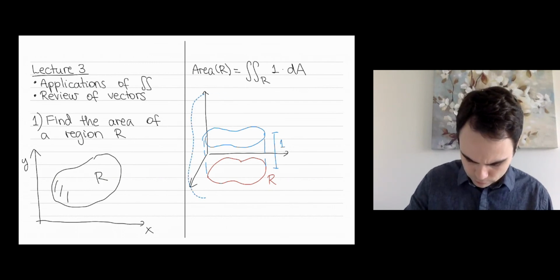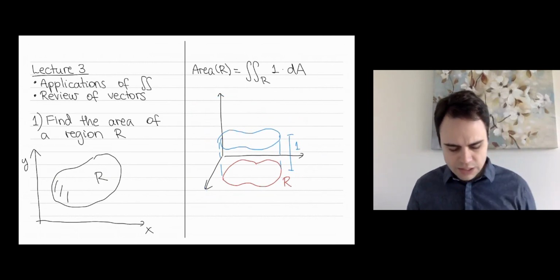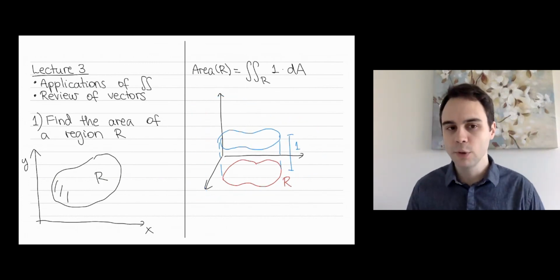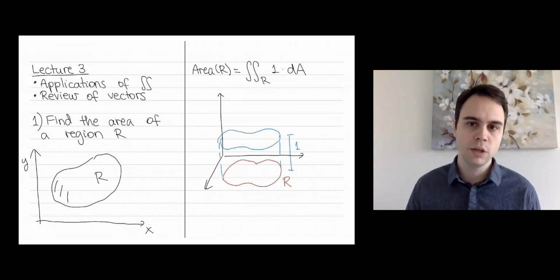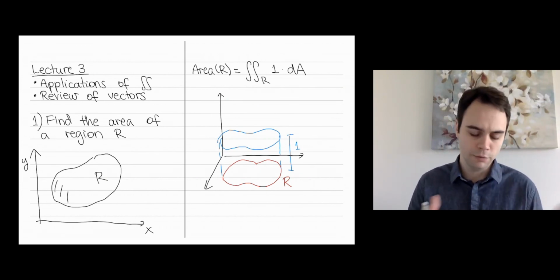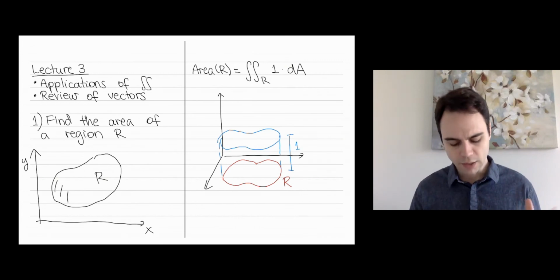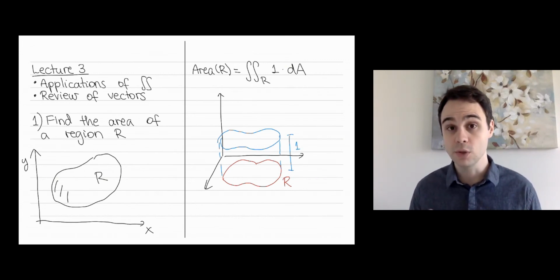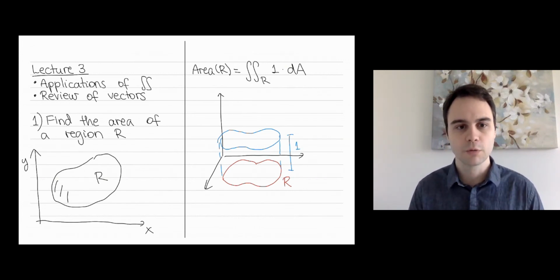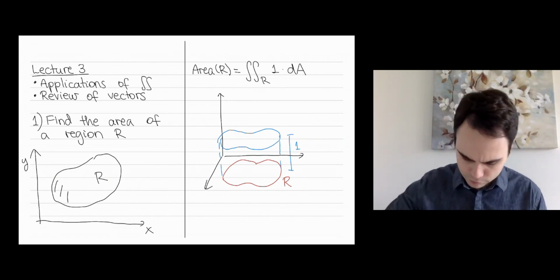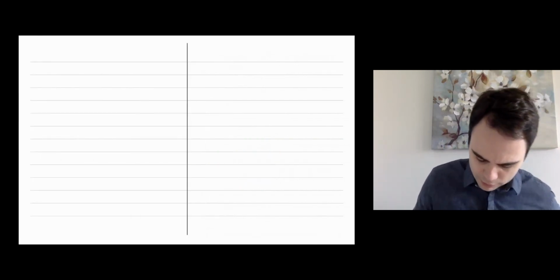Okay. So for this application, we can think both in terms of Riemann sums or in terms of the volume below the graph. But for all other applications, I advise that you try to interpret them using the Riemann sums interpretation for double integrals. Let's move on to the next application.